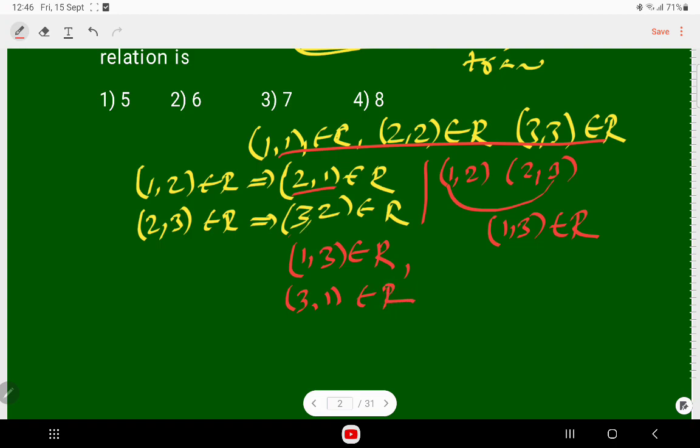So in total how many ordered pairs did we get? 1, 2, 3, 4, 5, 6, 7. So your answer is 7. Thank you.